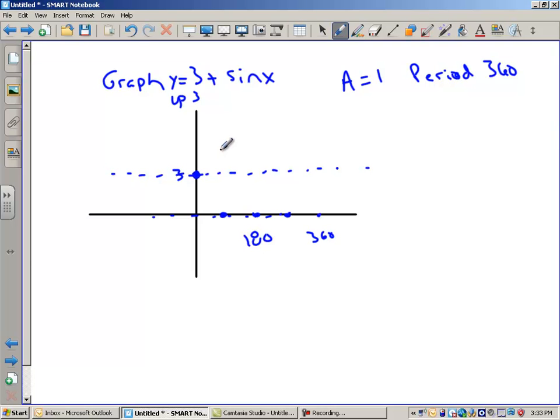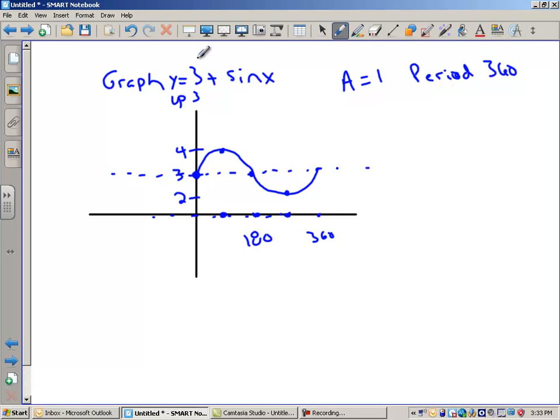Then I'll go up 1 to 4. Why did I go up 1? Because the amplitude is 1. Back to the middle of the sinusoidal axis, down 1, which would be down to 2, and then back up to the middle. I still have the basic sine graph, but it's just been shifted up, I'm sorry, up 3. Our amplitude is 1, up and down 1. So that's 3 plus sine of x.